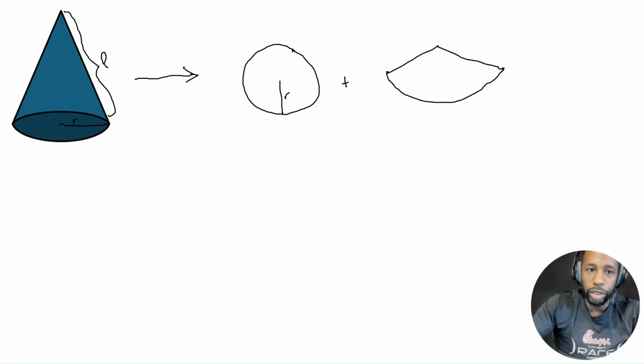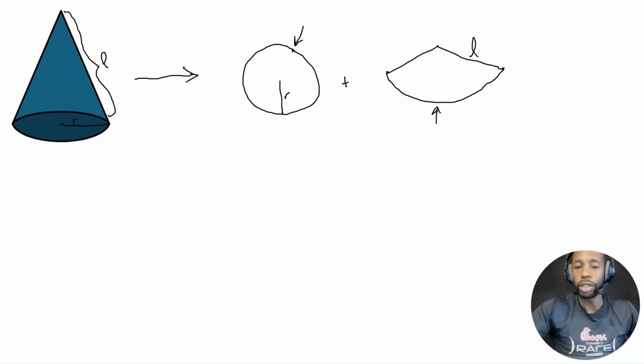Okay, with the length, what's called the slant height, actually. The length being here. What is the length here? This curved line? The length here is the circumference of that circle. Because remember, it goes around the circle.